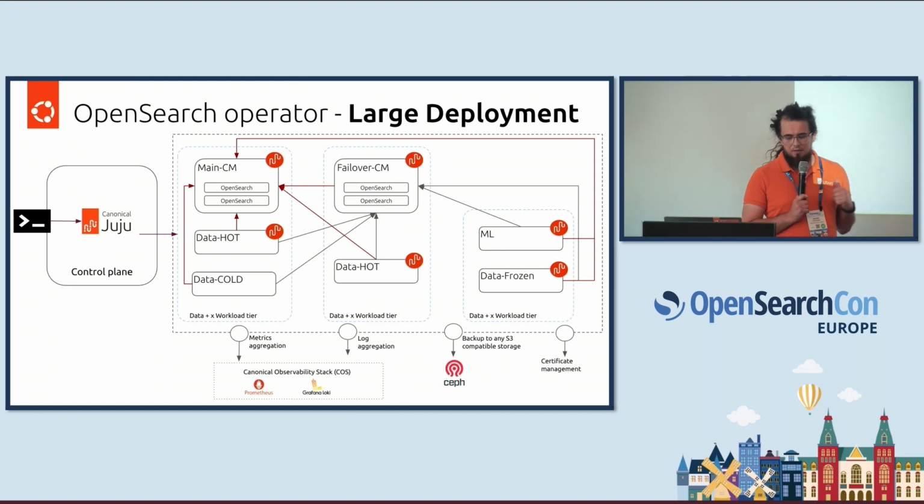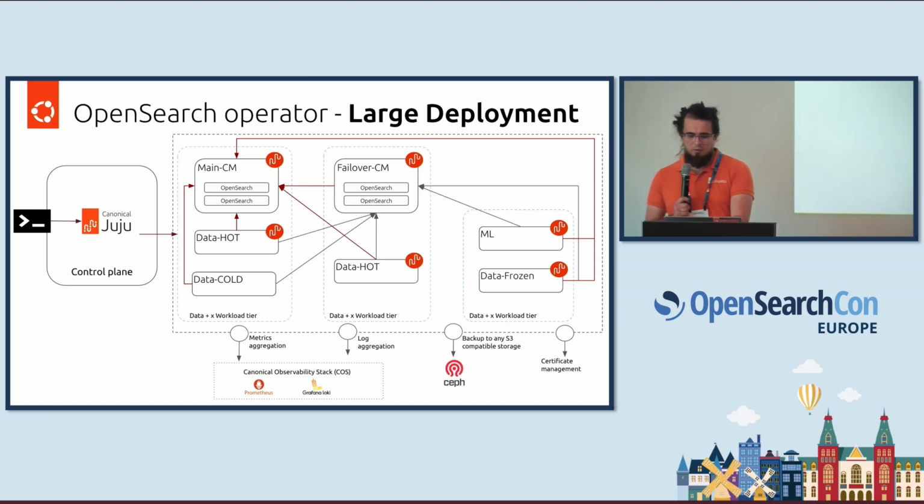So in the architecture diagram here, we have data hot, data cold, cluster managers, data frozen, and ML. And what this allows us to do is create instantiations of that operator with different purposes, right? And then again, we're just extending that graph, connecting or integrating it all together, and allowing us to build this architecture, right? So just another example.